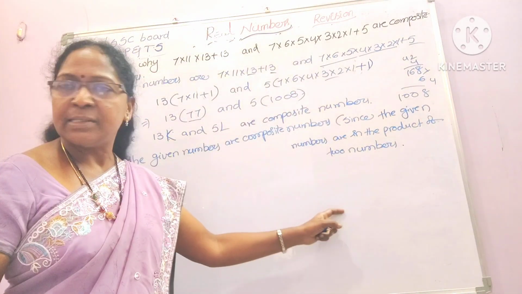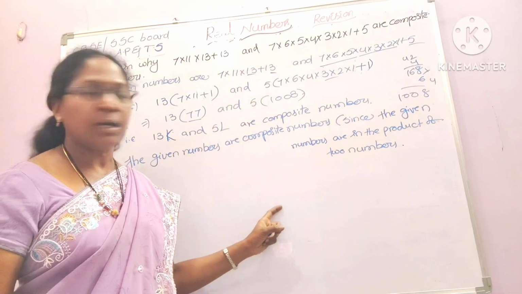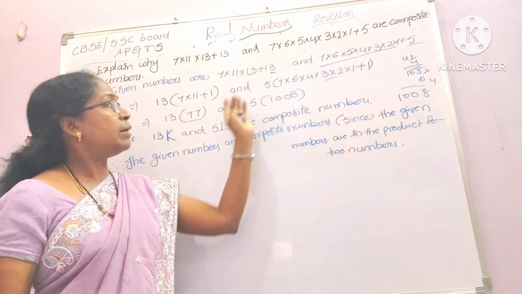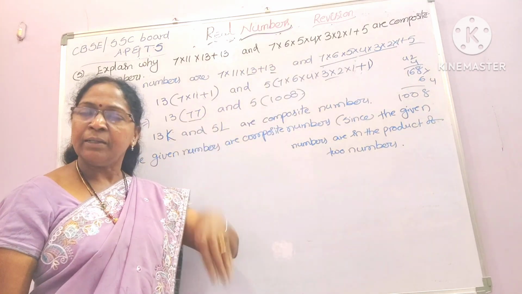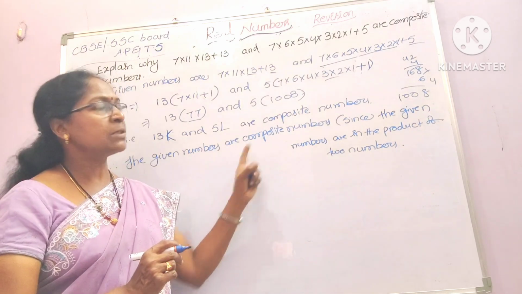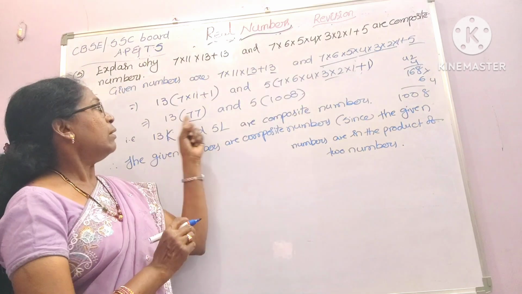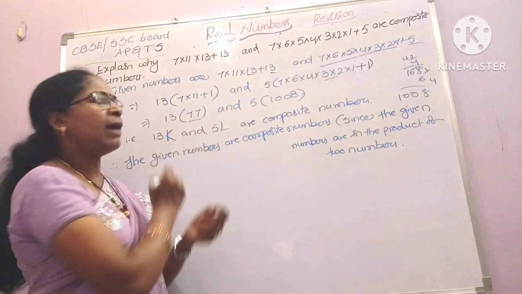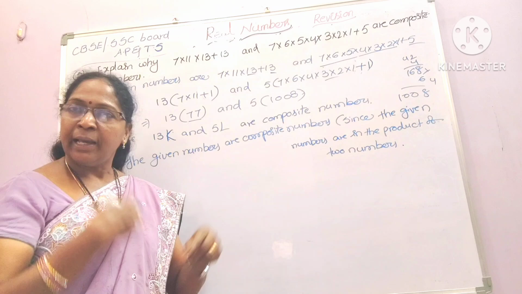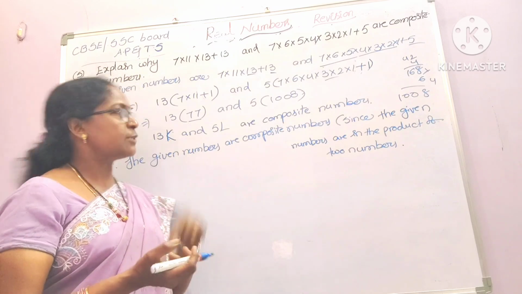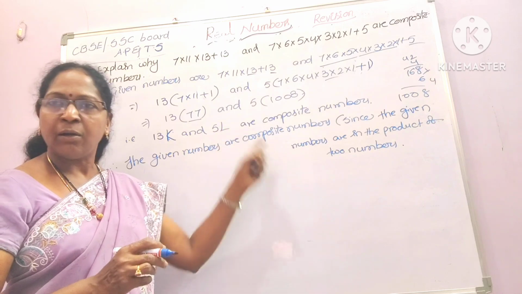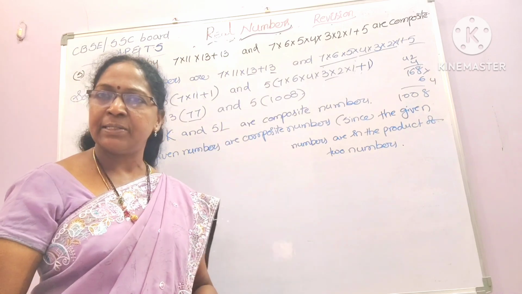So simply you can say that the two given numbers are composite numbers. How can you say? Those numbers are in the product of two numbers. Any number in the form of product of two numbers, then simply you can say that those numbers are composite numbers. Here these two numbers are factors. Also you can assume that 13 into 77 numbers can again be written in the form of the factors also. Simply you can say that product of any two numbers means those are composite numbers. This is a clarification.